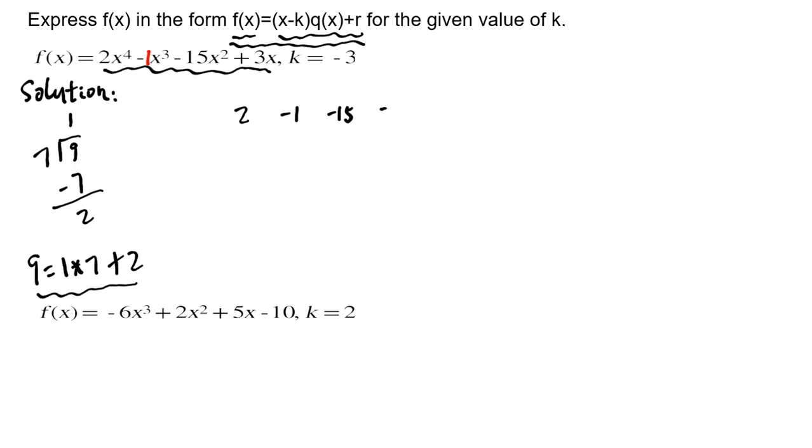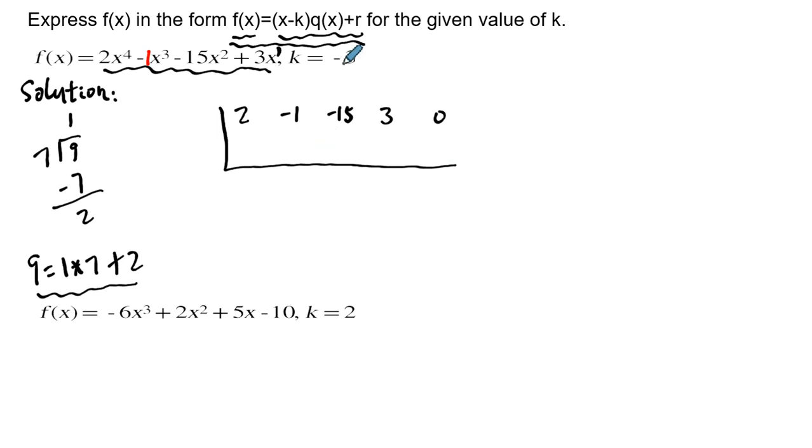You have a 3. Do not forget the constant. Here the constant is 0. The exponent here for x is 1, and then you have a 0. That's for synthetic division.